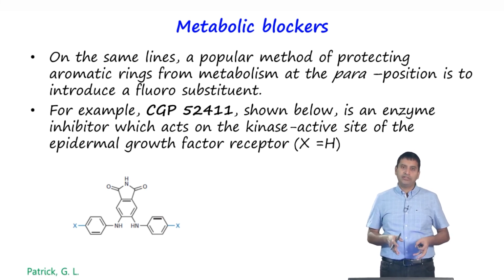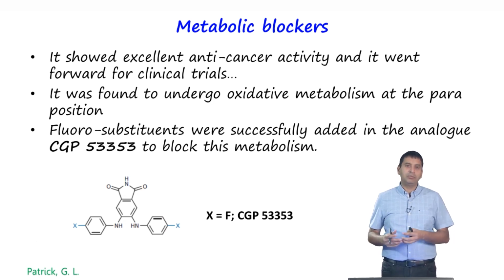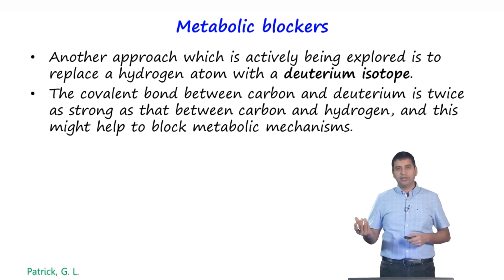Here X is hydrogen, but when you replace it with X equals fluorine, you have a pretty interesting molecule because it has the same anti-cancer properties as the parent compound, but it does not undergo the oxidative metabolism that the parent compound undergoes.